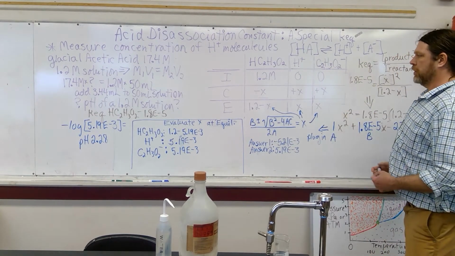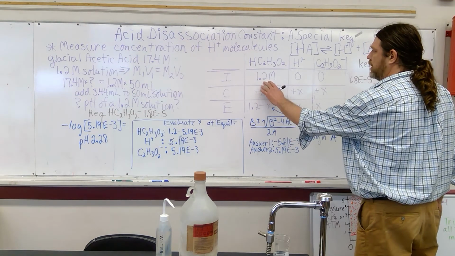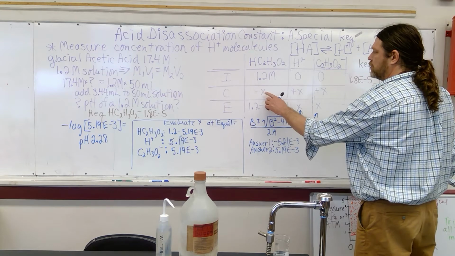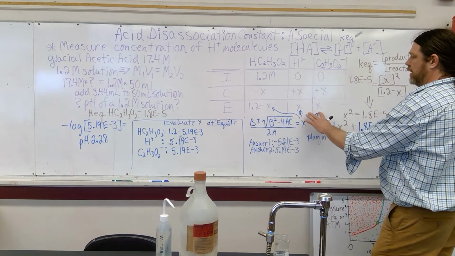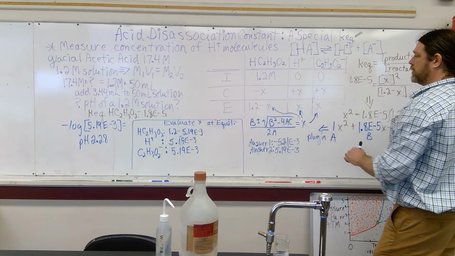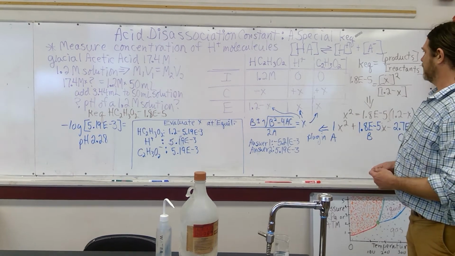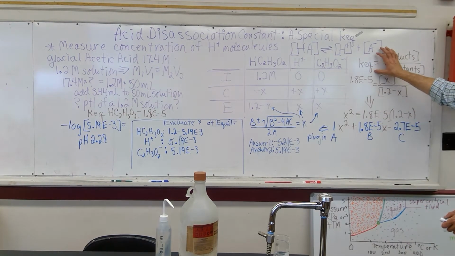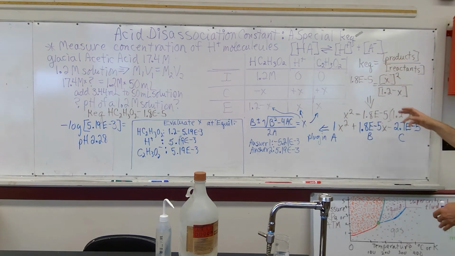Then we come to our equilibrium, which is expressed as our initial concentration minus what was dissociated, and for our products, the amount that was gained. So this is a little bit simpler. We have no additional coefficients to work with here. Now we take our Keq formula, Keq equaling products over reactants, and we start plugging in our expressions.